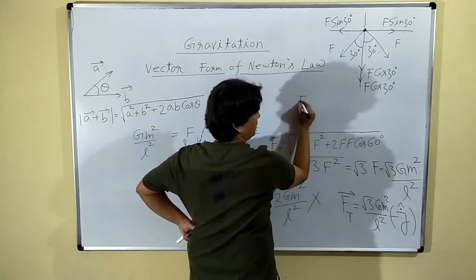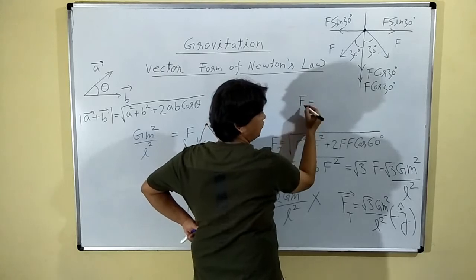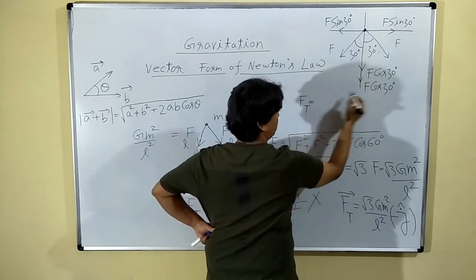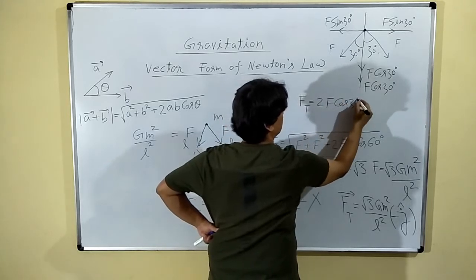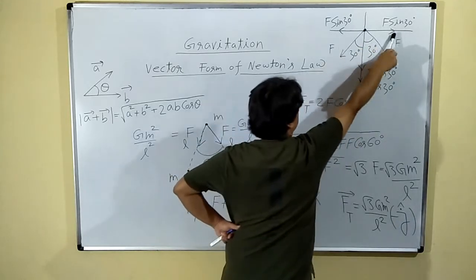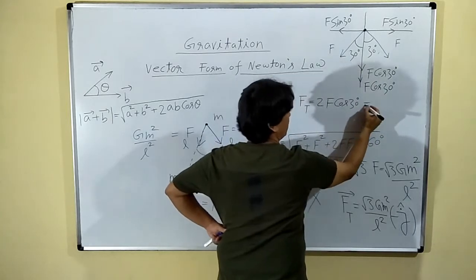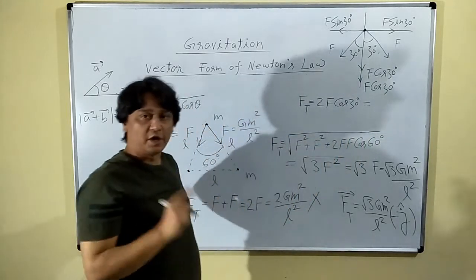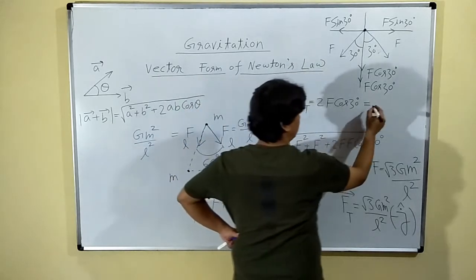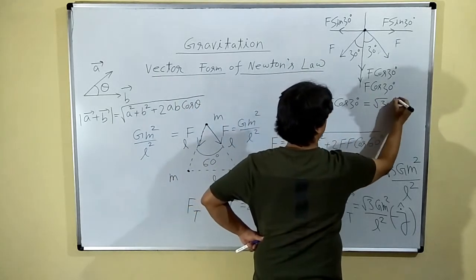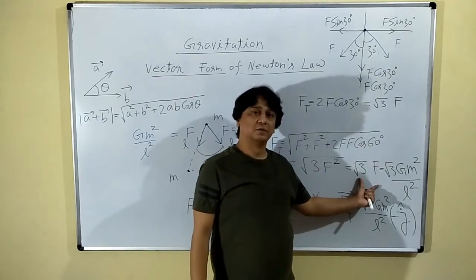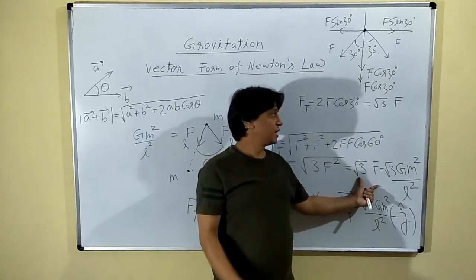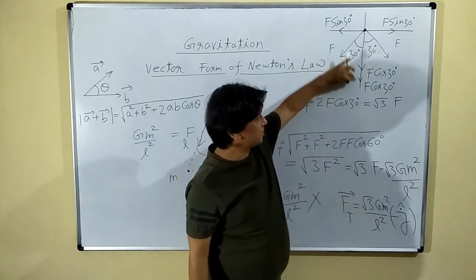What is that downward force? That downward force is what? F cos 30 plus F cos 30. That is 2F cos 30. ये दोनों cancel हो गए, बचे हैं ये. Now what's the value of cos 30? Cos 30 is root 3 by 2. That gives us root 3F. At the same time, we can see that direction is what?